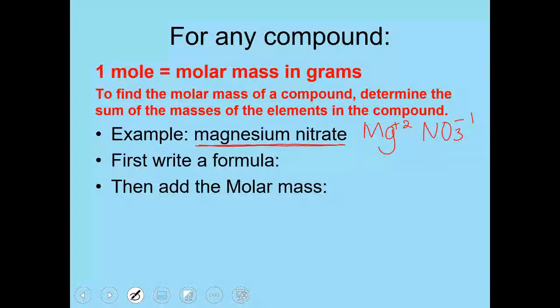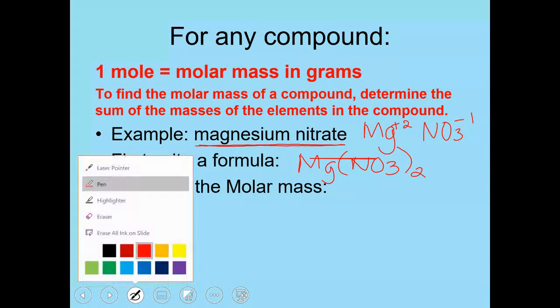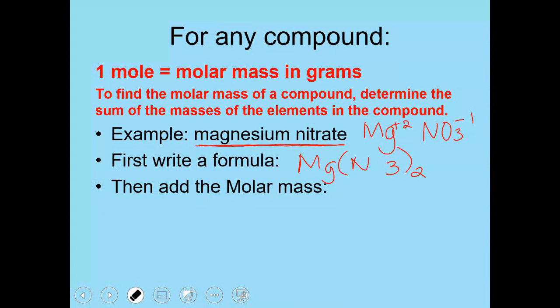So first we've got to write the formula. I need 1 magnesium and I need 2 nitrates. So I have to put parentheses. So that's the formula for magnesium nitrate.